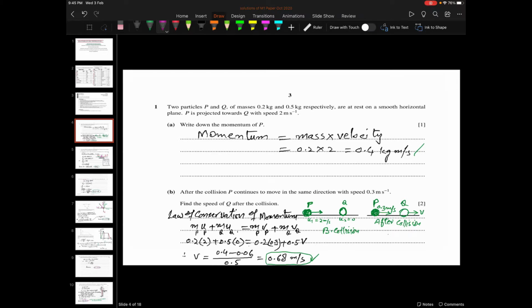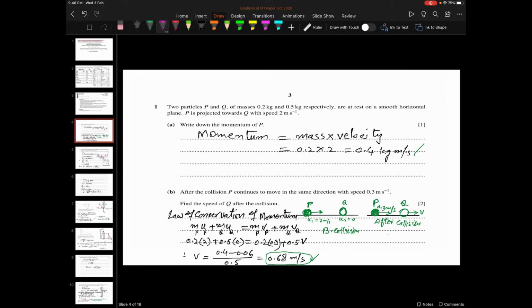Now substitute the values of masses and velocities given in the question. So 0.2 into 2 plus 0.5 into 0 is equal to 0.2 multiplied by 0.3 plus 0.5 multiplied by V. V we have to find.